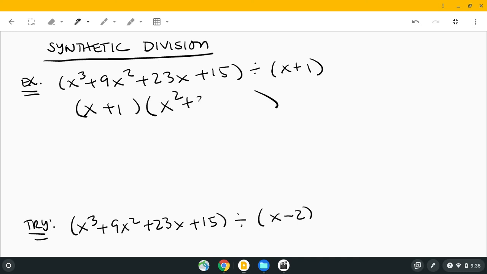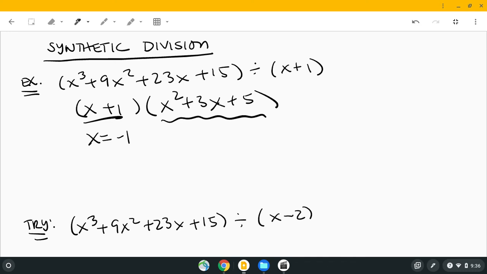Maybe it's x squared plus 3x plus 5, whatever. This is not true, but if x plus 1 is a factor, then we can write the degree 3 polynomial as x plus 1 times some degree 2. And then here we would get a solution, x equals -1.